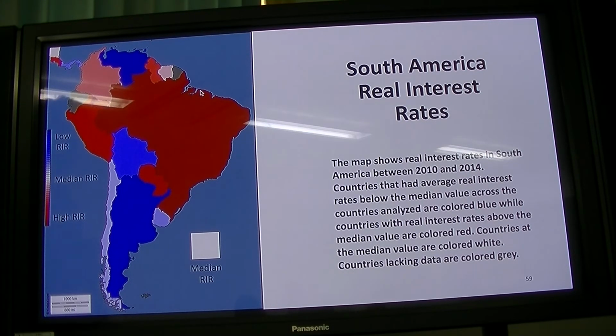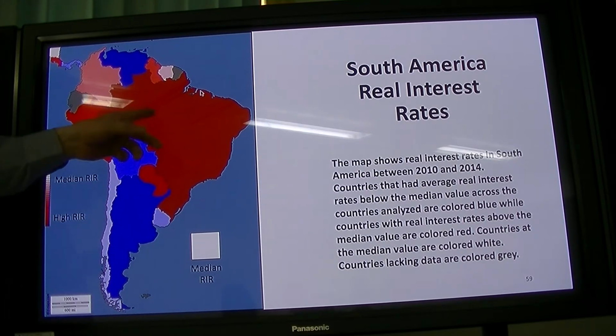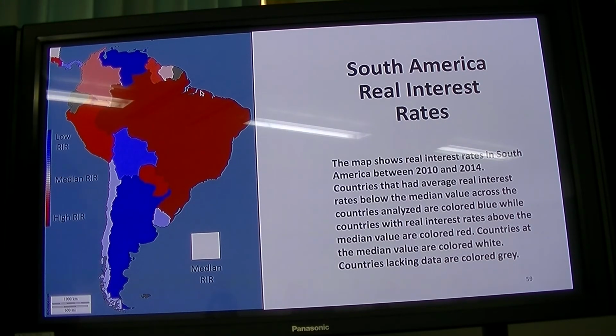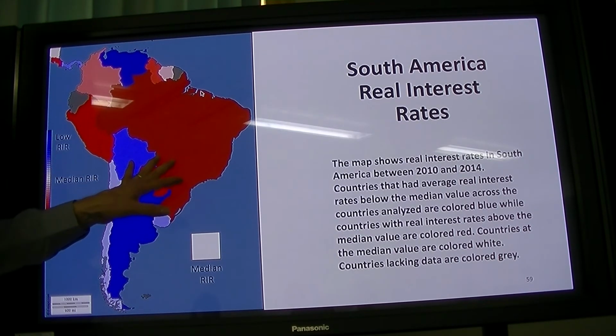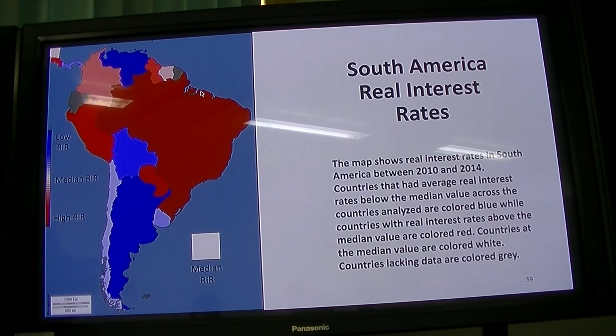When real interest rates are high, it says that there's risk. It either says there's a lot of risk, or the country is attracting a lot of inflow and wants to attract capital. But again, case by case. But I want you to please go over these maps before the next class. I'll send this to you.